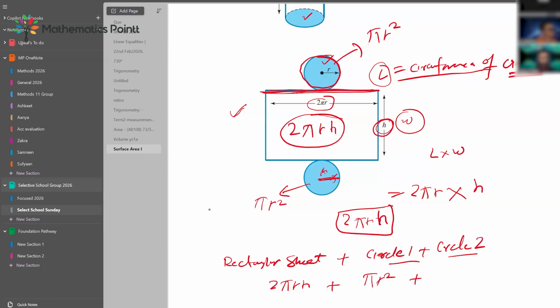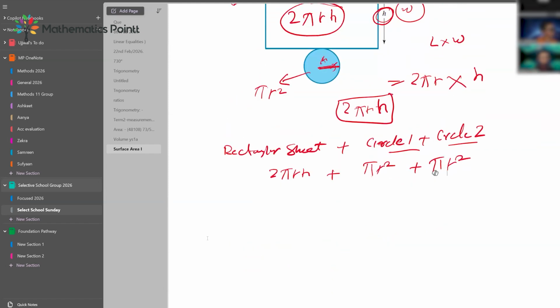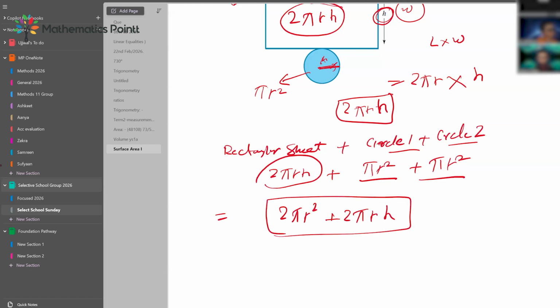Pi r square, pi r square. And now I'm going to add them. So pi r square and pi r square becomes 2 pi r square, and 2 pi r h. That is the total surface area of a cylinder.